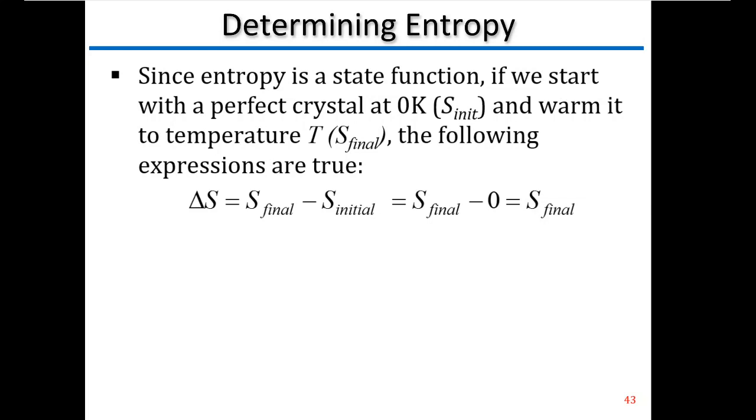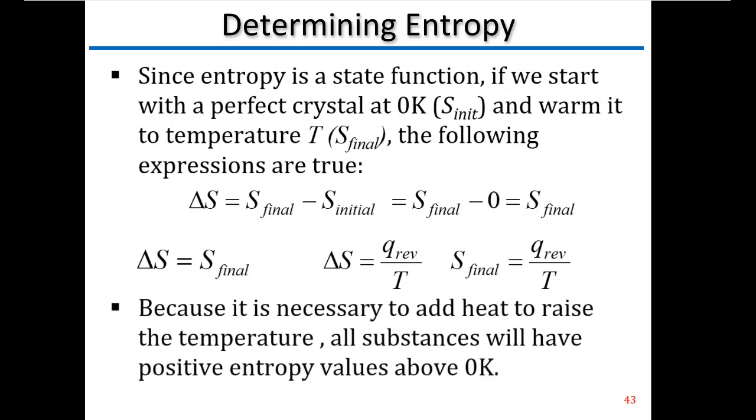But in this case, because we're going from absolute 0 Kelvin to some warmer temperature, we can set entropy at 0 Kelvin just equal to 0. So what we end up with is the change in entropy is just equal to the final entropy. So delta S is equal to S final. So delta S is equal to Q over T, which is also equal to S final.